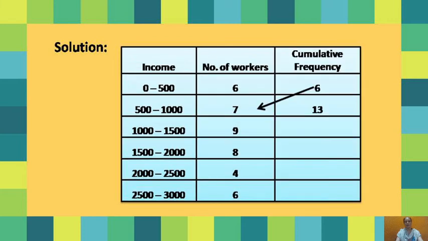For the next class, 13 plus 9, that is 22. For the fourth class, 22 plus 8, that is 30. For the next class, 30 plus 4, 34. For the last class, 34 plus 6, that is 40. This way we have calculated the cumulative frequency.